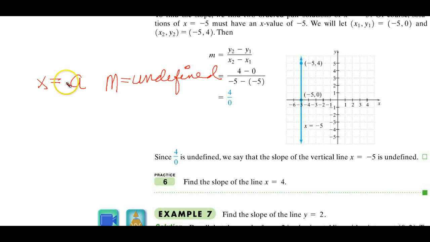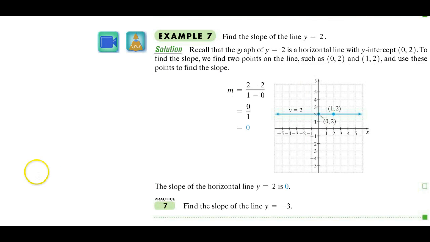So put a little note, and in fact on our little sheet there's a place to put that. The slope of vertical lines is undefined. Now when we look at the slope of the general formula y equals b, in this case y equals 2, we know it's a horizontal line going through the y-intercept at 2.